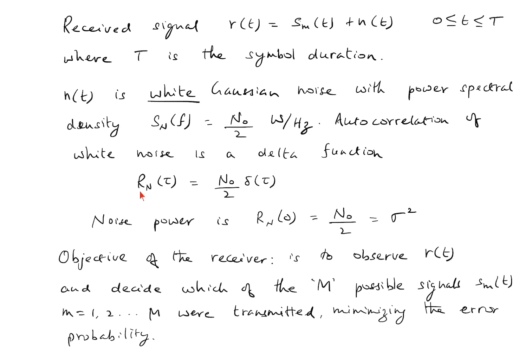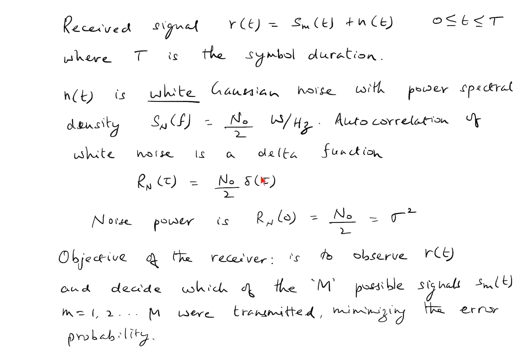Now, from the definition of white, that means when the power spectral density is flat, we can determine the autocorrelation function, which is the inverse Fourier transform of the power spectral density. So the autocorrelation function is given as N0 by 2 delta of tau. That means the noise that we are considering to be added on the channel is uncorrelated. The autocorrelation is 0 for all values of tau not equal to 0.